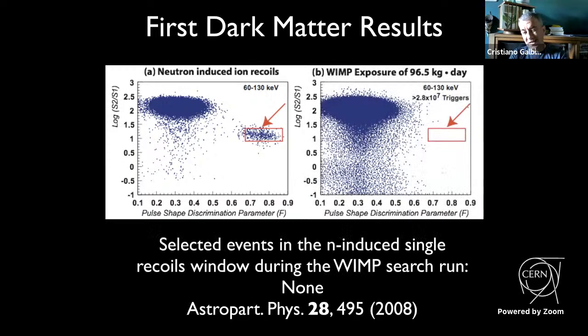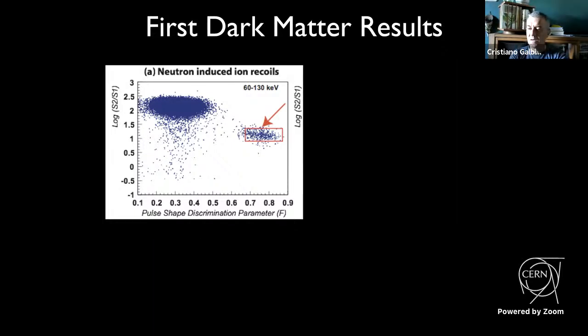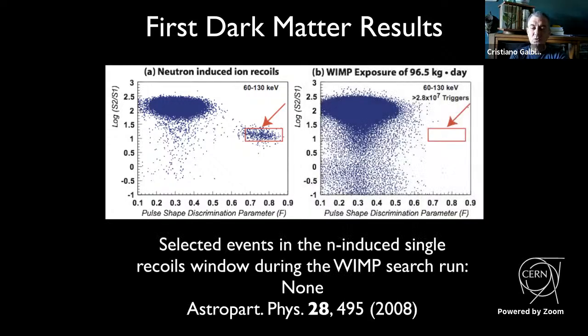It's easy to spot the two differences in the calibration runs between the betas, which are the big blob on the upper left side, and the nuclear recoils. In the plot on the left, the nuclear recoils are generated with a neutron source. If you take away the neutron source, that region goes to 0. It's completely depleted.